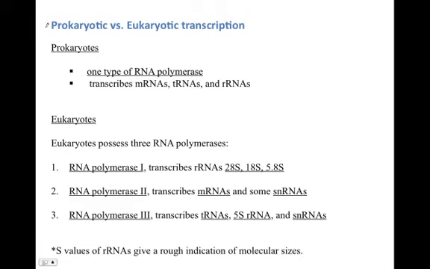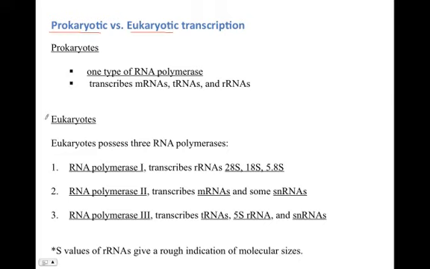So let's highlight differences between prokaryotic and eukaryotic organisms. Prokaryotic organisms have a single RNA polymerase. This RNA polymerase transcribes all of the messenger RNA, transfer RNA, and ribosomal RNAs within the cell.